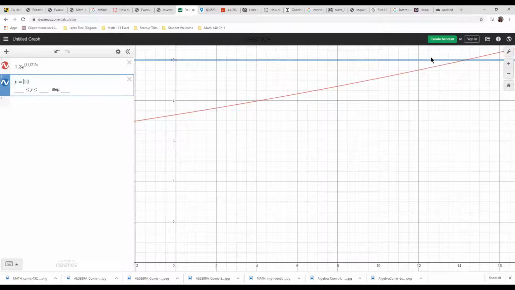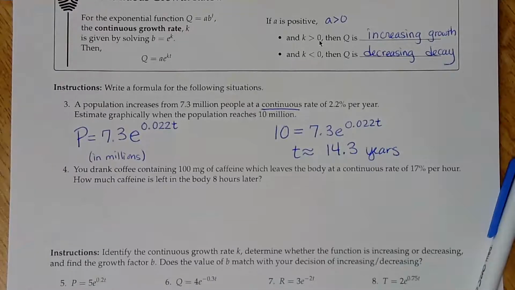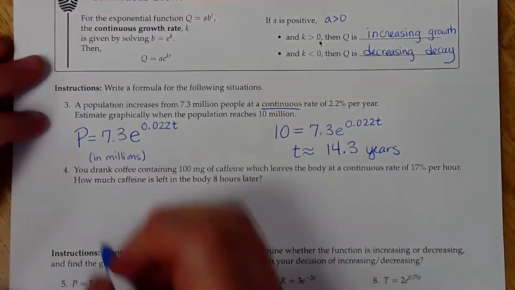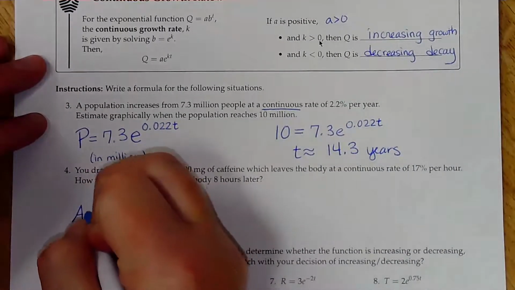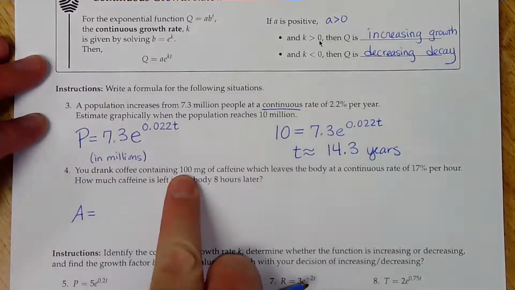Let's go back and take a look at number 4. You drink coffee containing 100 milligrams of caffeine, which leaves the body at a continuous rate of 17% per hour. How much caffeine is left in the body 8 hours later? Let's start by making our formula. The amount of caffeine is going to be equal to my starting amount, which is 100.